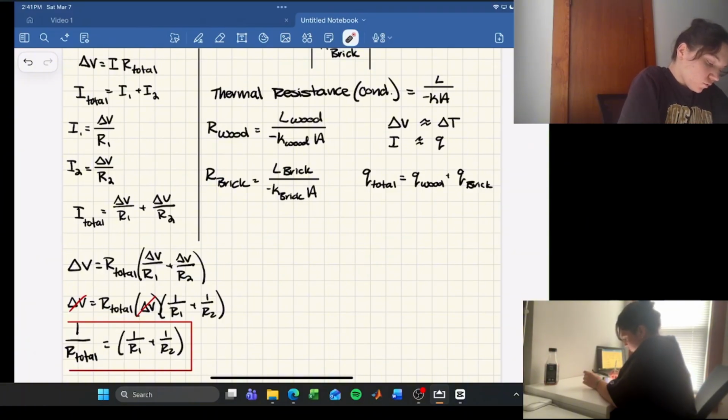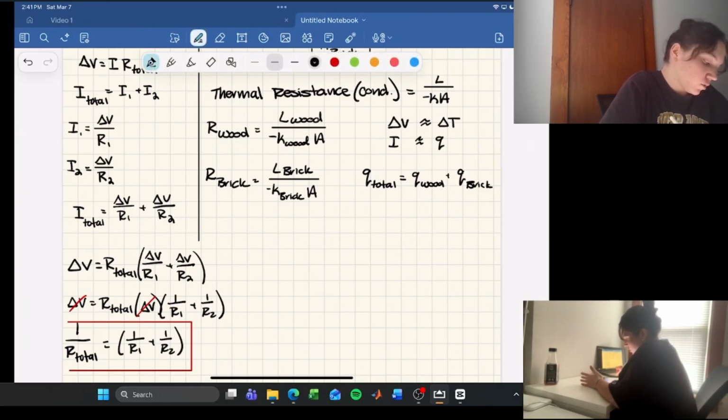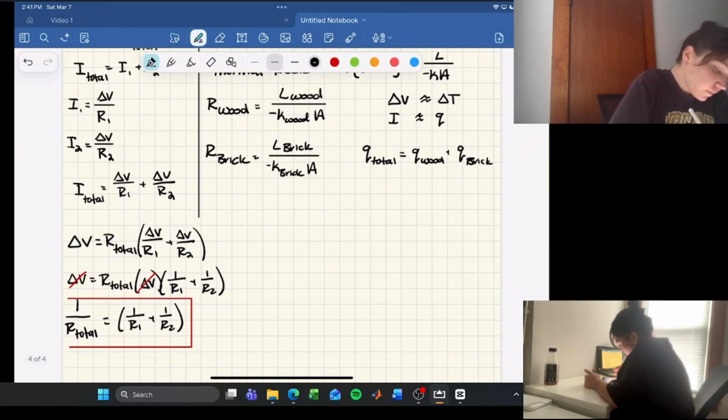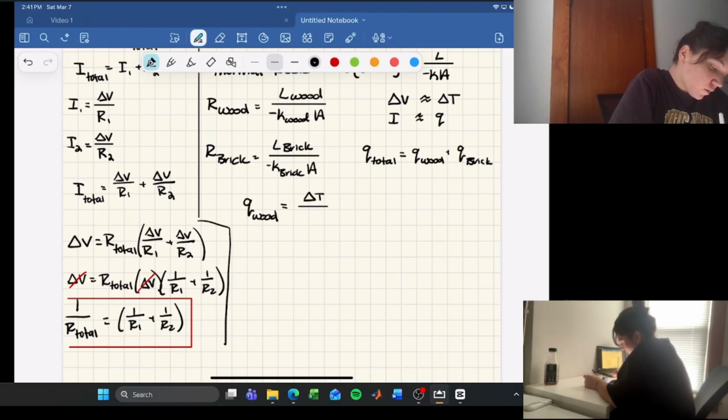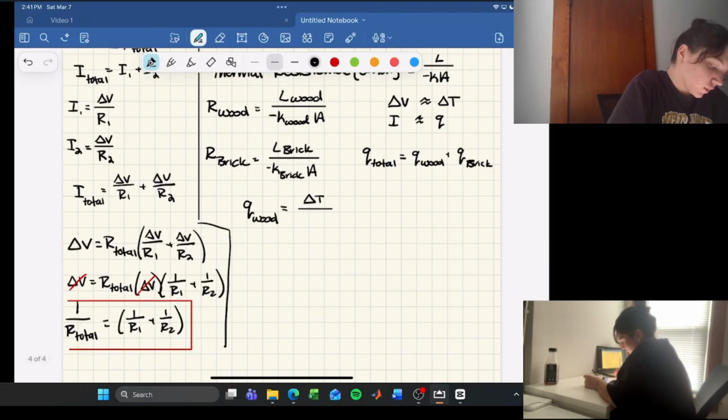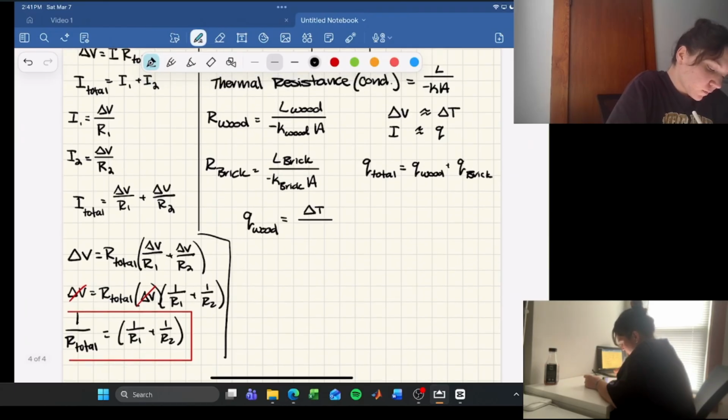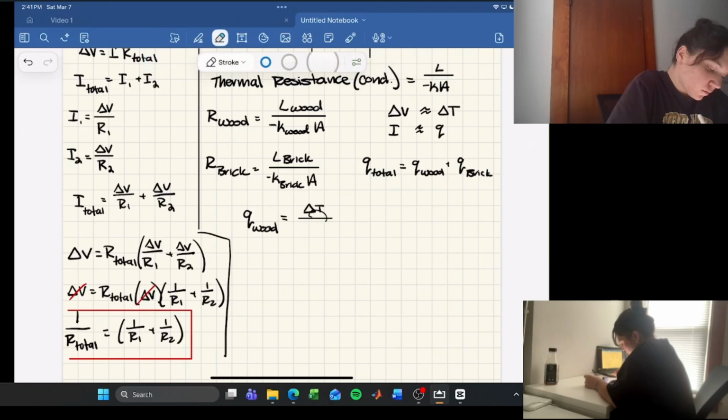That's where we're at. And so then we have here and here that current was equal to the change in voltage over the resistance. So we can say that the heat flow through the wood is equal to the change in temperature over the thermal resistance of the wood. So let's just rewrite it.